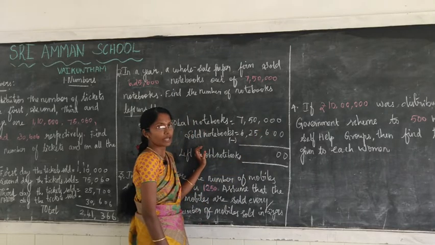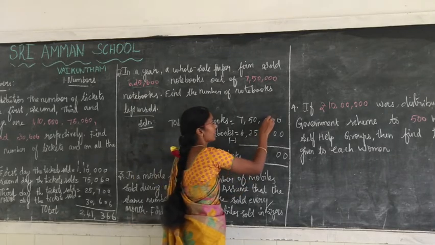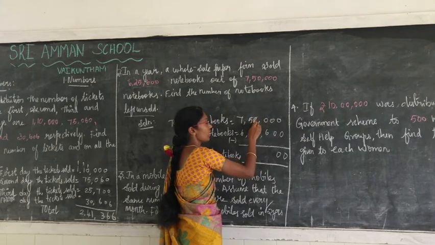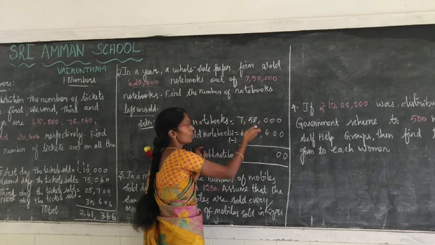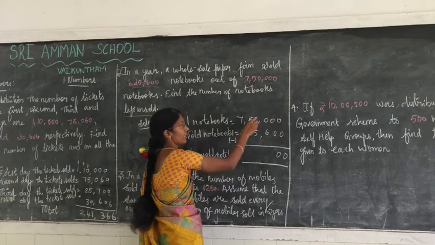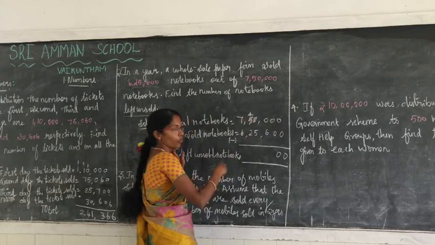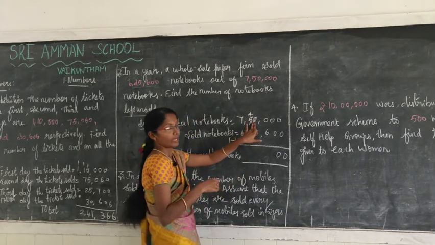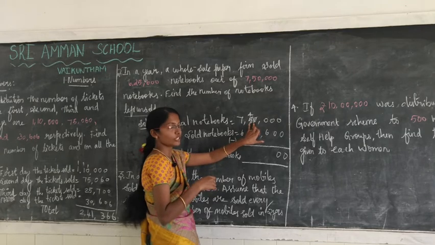Are you able to subtract? No. What do we have to do here? We have to borrow. Here also it is 0, so you can't borrow from it; you have to borrow from 5. So 5 becomes 4. This 0, if you borrow 1, what may it become? It changes into 10.